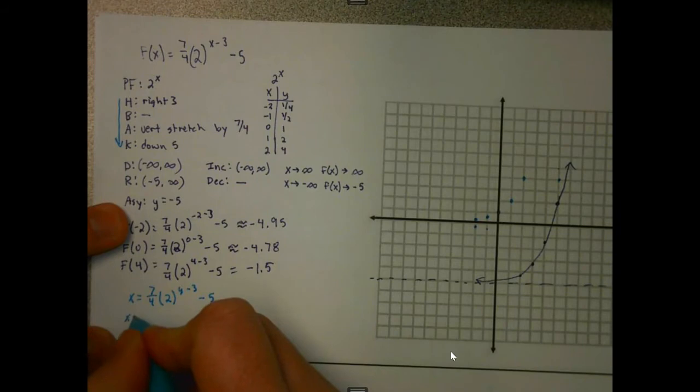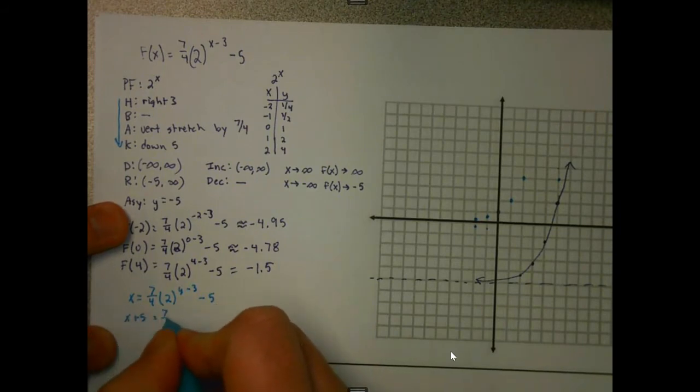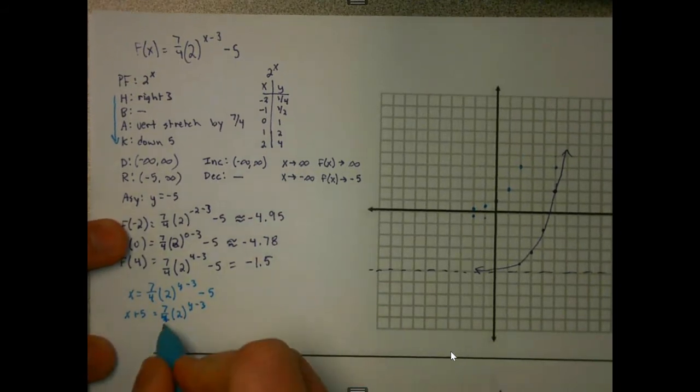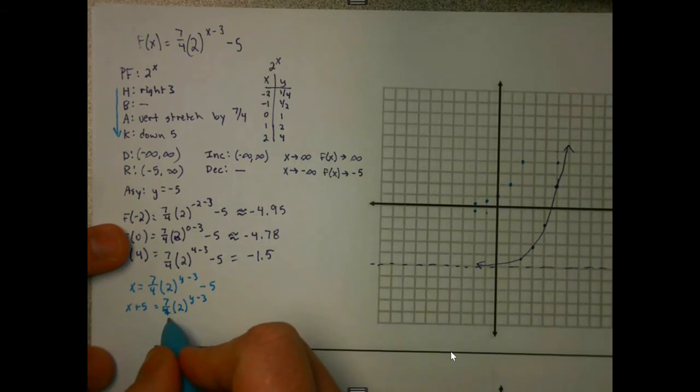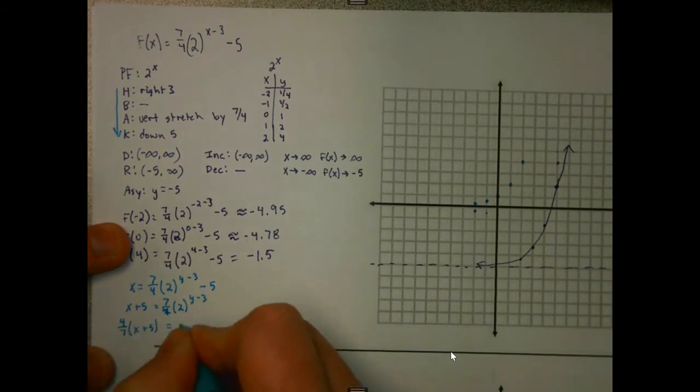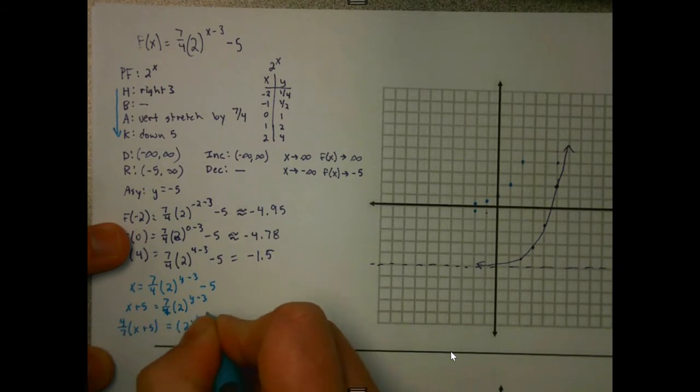So x plus 5 equals 7/4, 2 to the y minus 3. Then I'm going to divide by 7/4 or multiply by 4/7. So this would be 4/7 times x plus 5 equals 2 to the y minus 3.